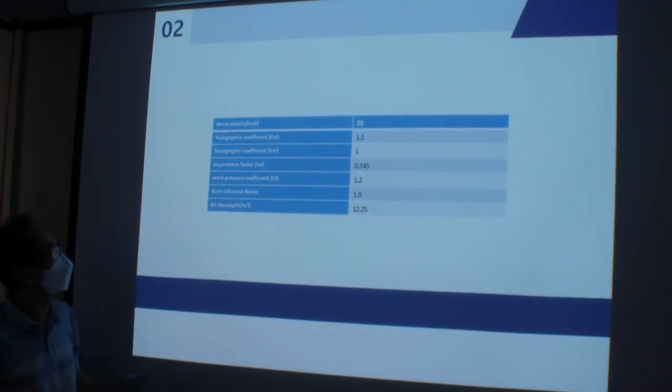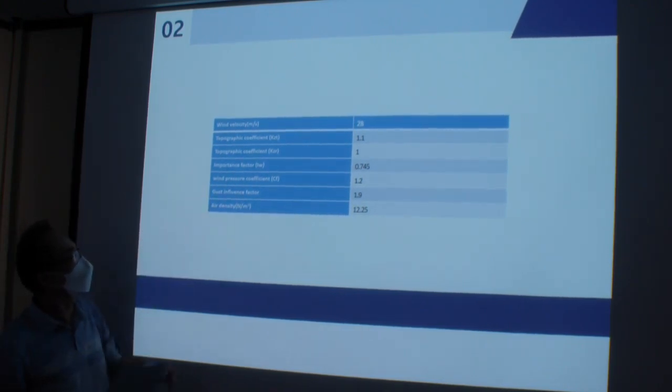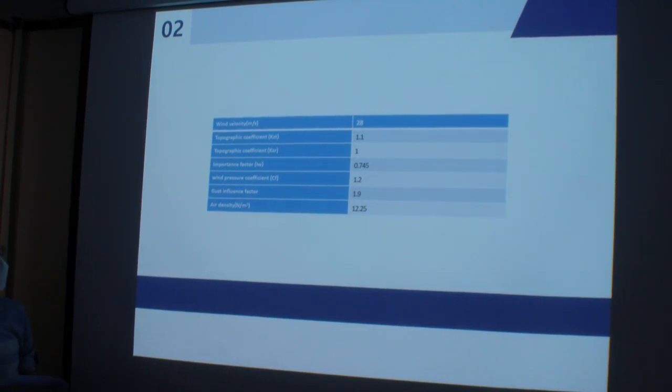The wind pressure coefficient of the shaft is 1.2, the gust influence factor is 1.9, and the air density is 1.225.